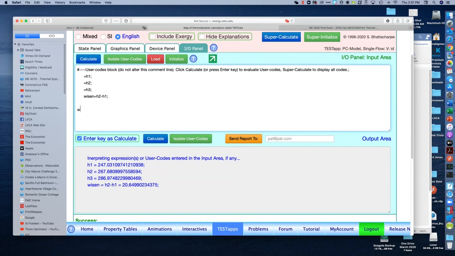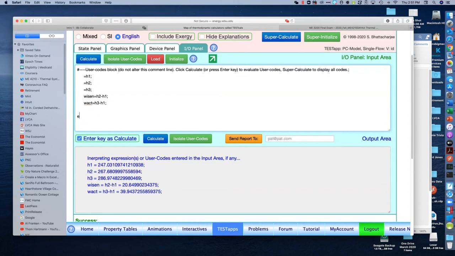And so if I wanted to look at the actual work, I know that the actual work would be H3 minus H1, and I see that the actual work is 39.94. It takes more work for the fluid to be compressed because of irreversibilities. It's coming out at a higher temperature because of that.